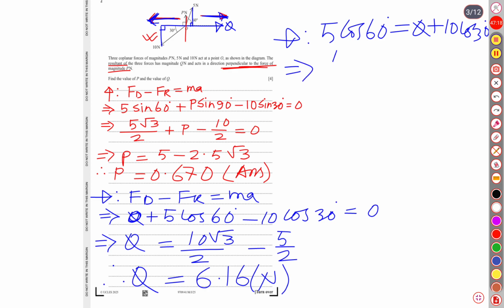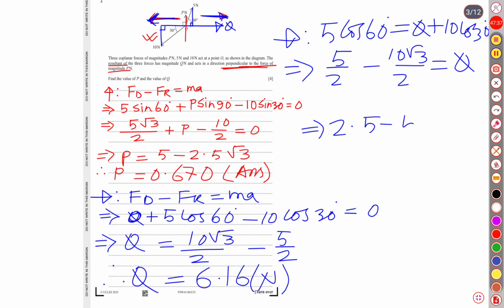5 cos 60 is 5 over 2, and 10 cos 30 is 10 square root over 3 over 2, is equal to Q. Now look at this. What is happening? 2.5 minus 5 square root over 3 is equal to Q. That means Q is going to be now negative. Look at this. 2.5 is less than 5 square root over 3.